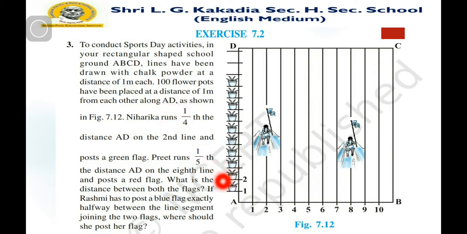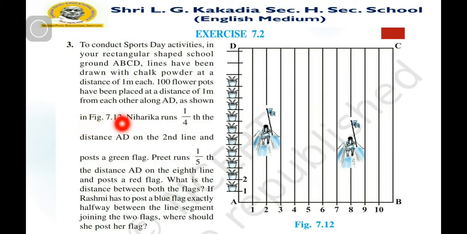Meaning at every 1 meter there is one flower pot. 100 flower pots means the distance of AD is 100 meters.